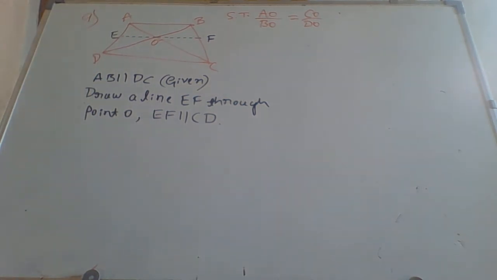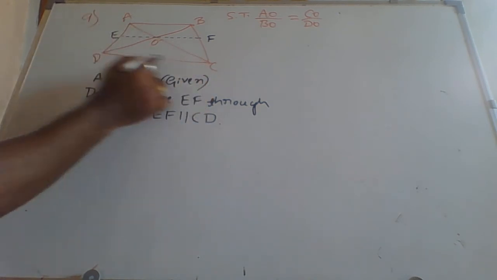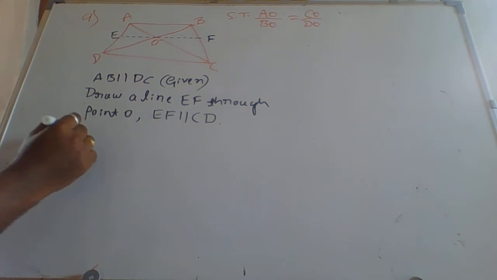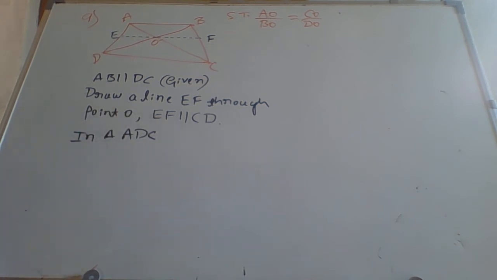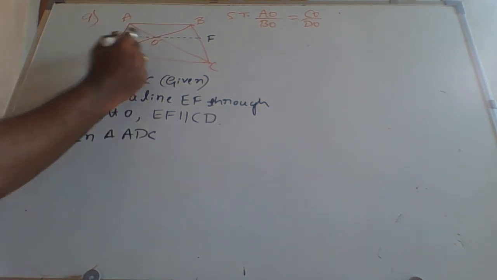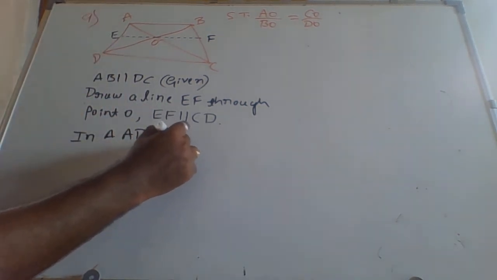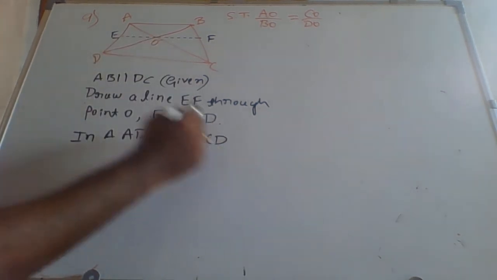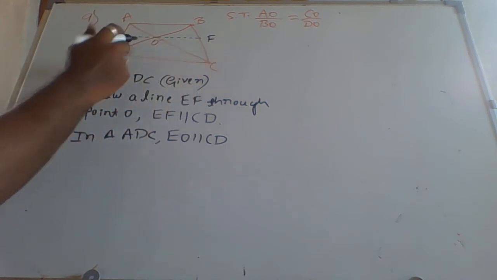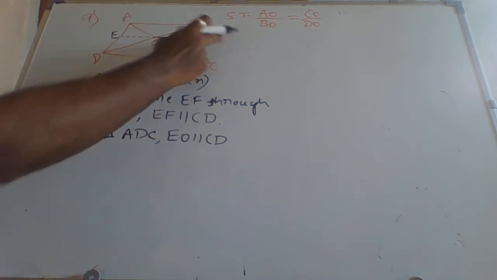Now I will consider triangle ADC. Here ADC means this triangle ADC. In triangle ADC, what can we write here? This EO is parallel to CD, because by construction we have written that EF is parallel to CD.